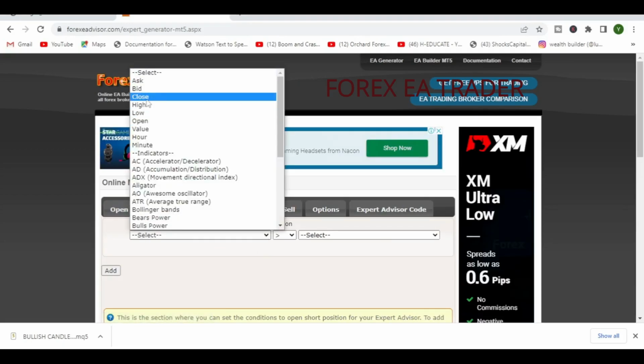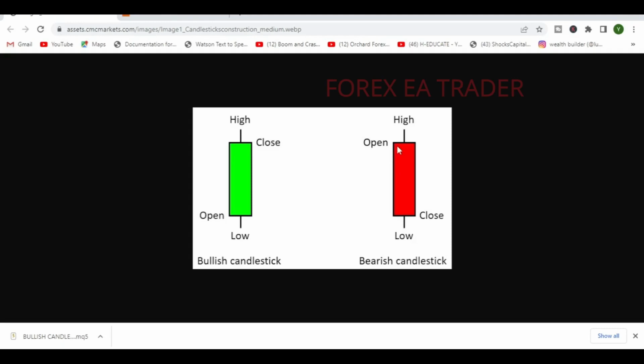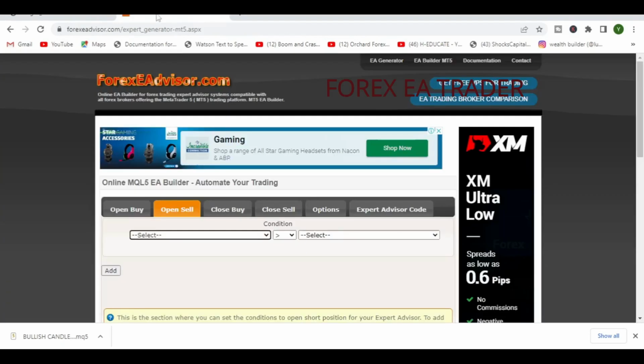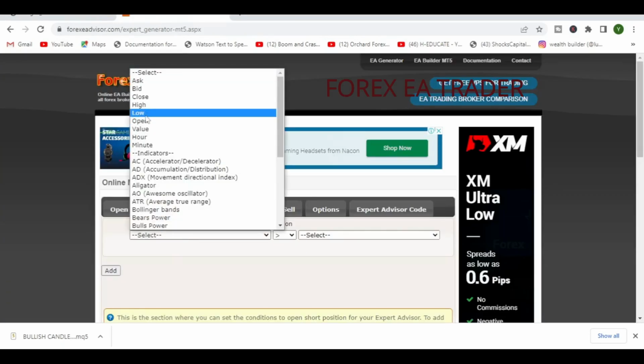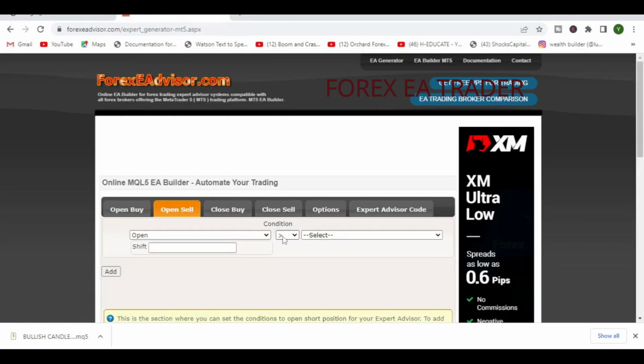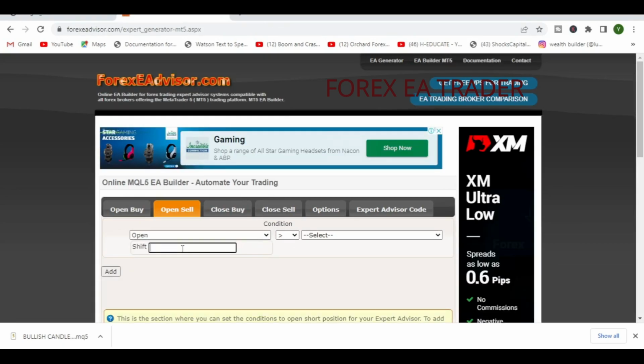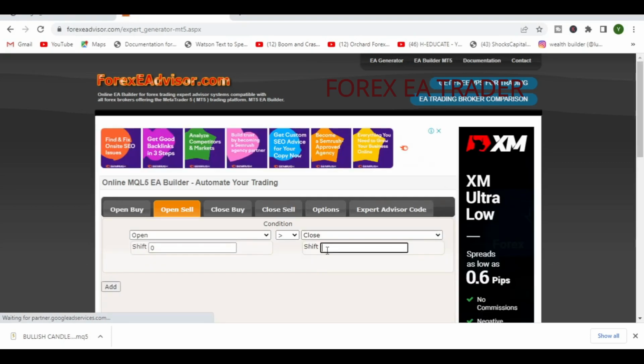Because it's a bearish candle, the open is above the close, so our open needs to be above. We're just going to use 0 here, and it's going to be above our close. Then we know it's a bearish candle. Our robot needs to sell.